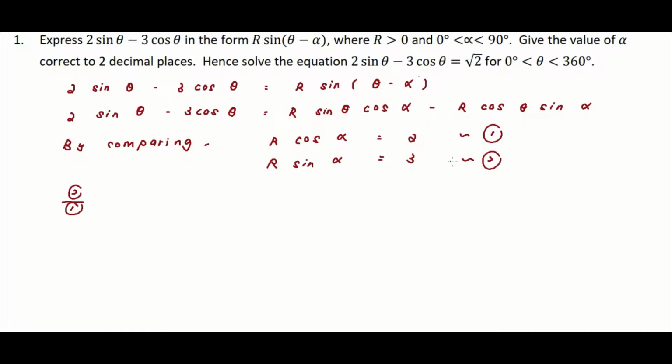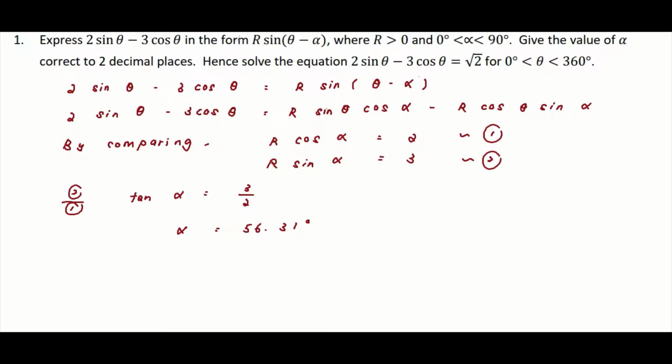You can straight away do 3 divided by 2, then you get tangent alpha equal to 3 over 2. Then alpha gives you 56.31. All right, then you get the alpha already. You don't need to consider the third quadrant because your alpha is only between 0 and 90, which is the first quadrant. So 2 decimal places, which is correct.